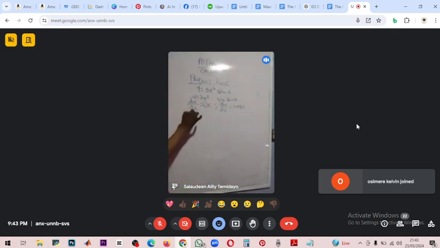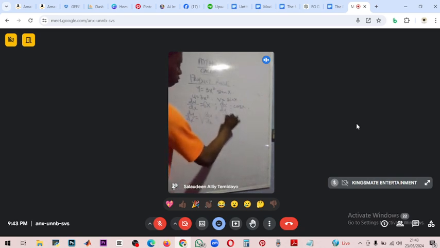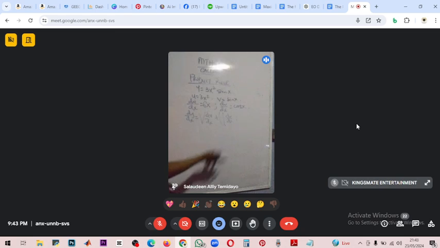We can use the formula now that dy dx equals v du dx plus u dv dx. Because of the commutative property, it can also be written as u dv dx plus v du dx, because the operator here is plus. So v is what? Sine x. We do the needful. Sine x times du dx, which is 6x.